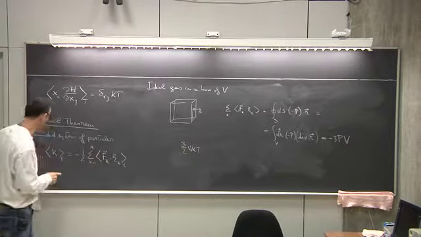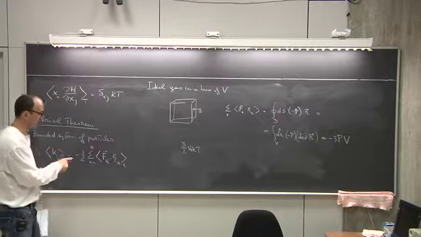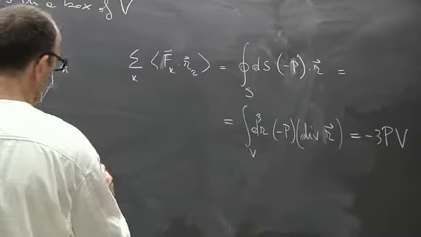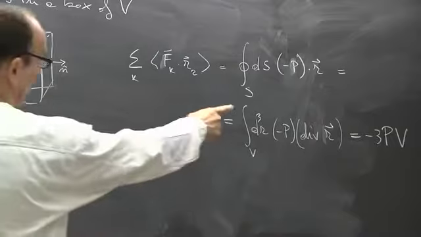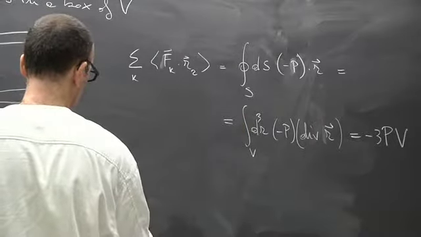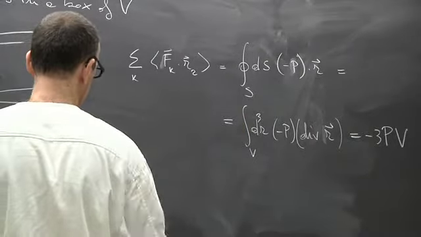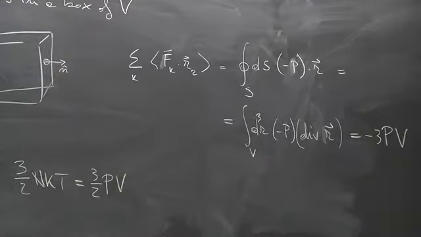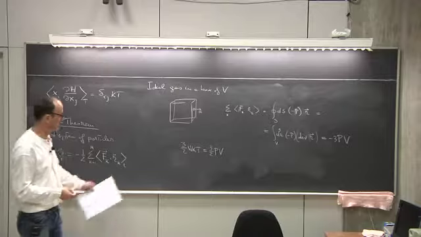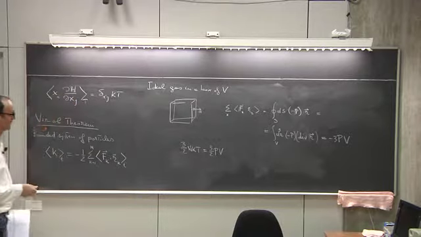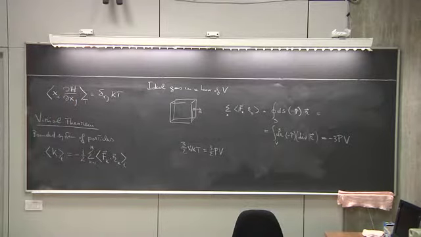So the virial theorem tells you that 3/2 NkT is equal to minus 1/2 of that, which is 3/2 times PV. So you see that again you get the ideal gas law. If you want, you get the ideal gas law as a consequence of the virial theorem.